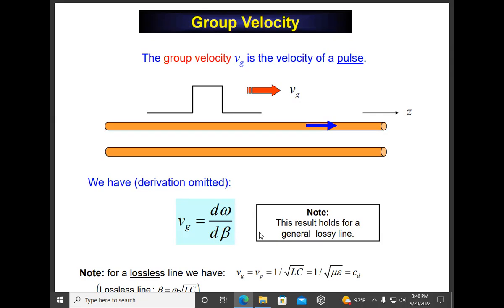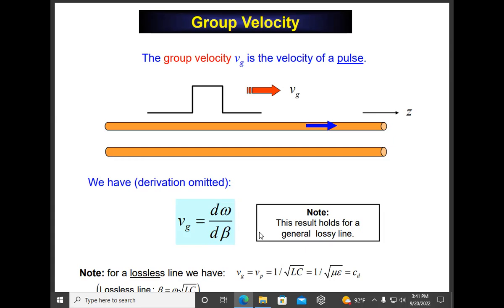Now, phase velocity is the velocity of one sinusoidal signal, one sinusoid at one frequency, right? Your function generator is putting on a sine wave at 1.5 gigahertz. You're just tracking that one frequency wave as it goes down the line. That's the phase velocity. Group velocity is the velocity at which a pulse or a signal will travel on a transmission line.